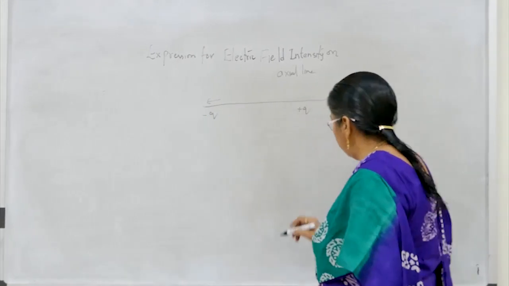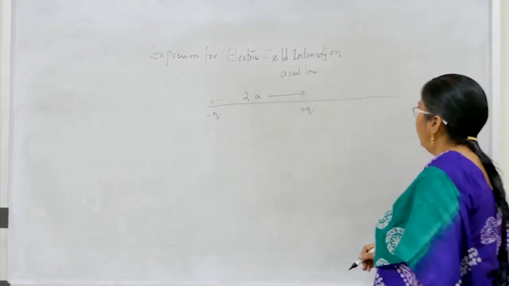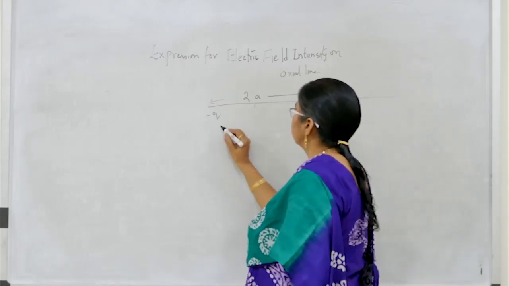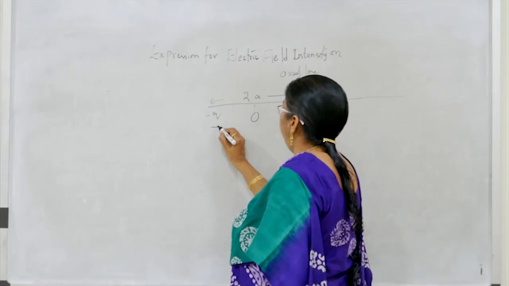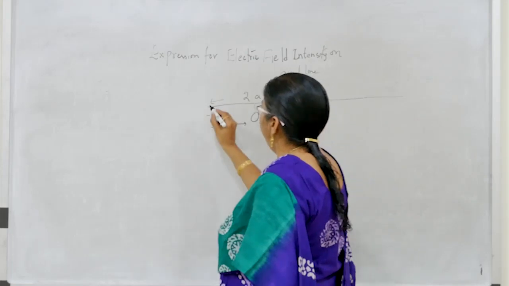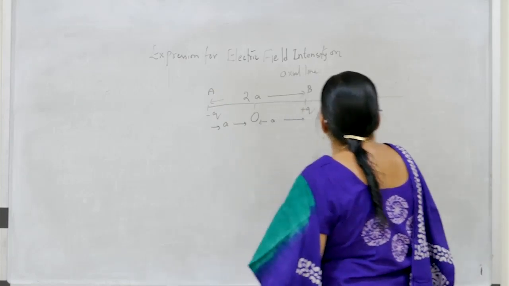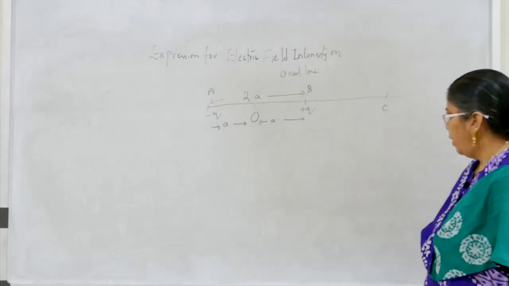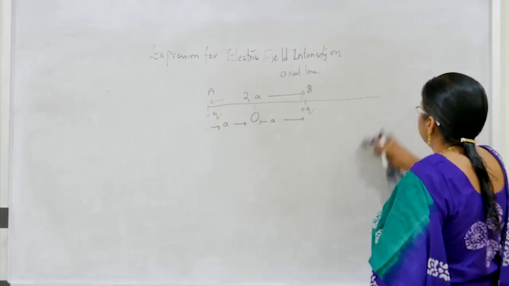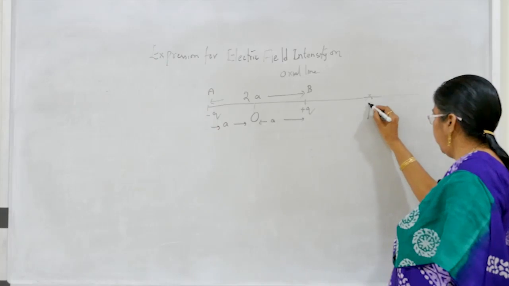The axial line is, so 2A is the distance of separation between them, and I take the center of this dipole as O and A, and I divide it into A and A, and I write here as A upon B, and this is C. And in place of C I can take either C or P, but for the convenience of students I take P, a point.